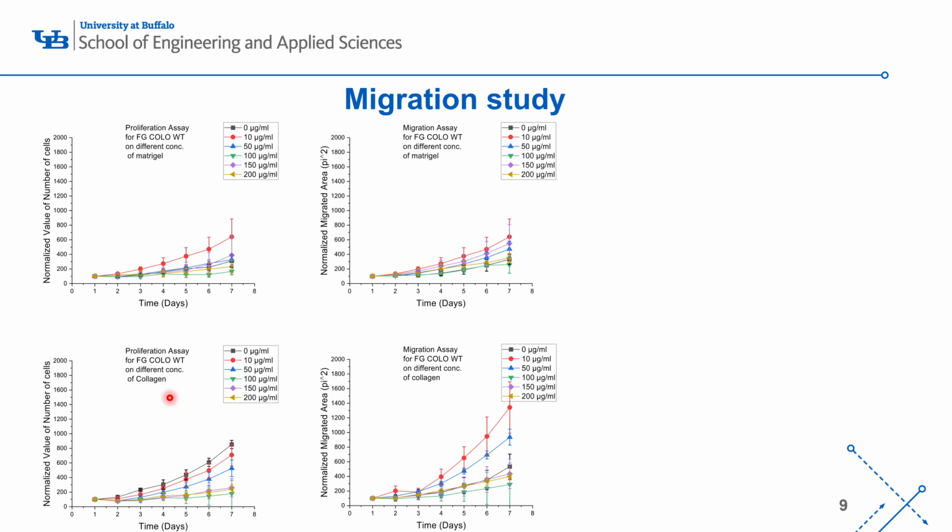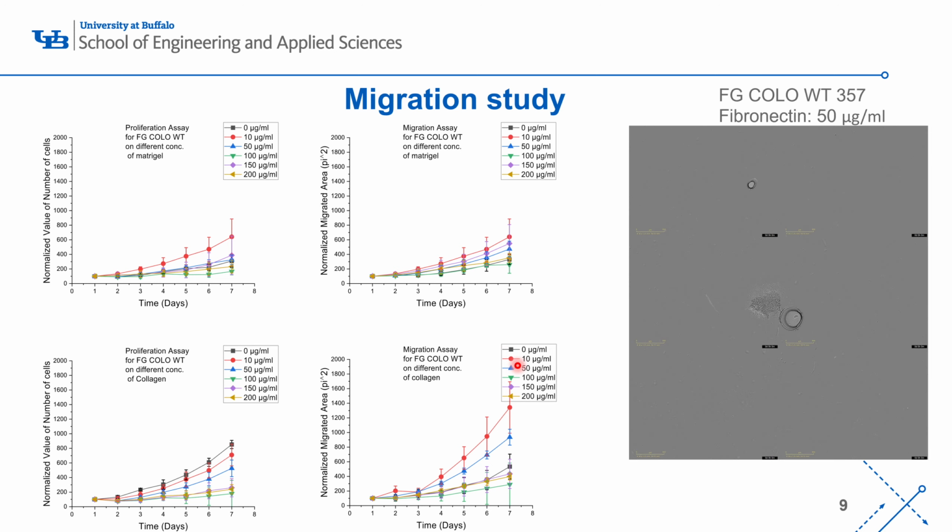For collagen, the proliferation is highest at 0 microgram per ml, without any collagen, but migration is higher at 10 microgram per ml. And this is the example for fibronectin. Those results we will see in the next slide.